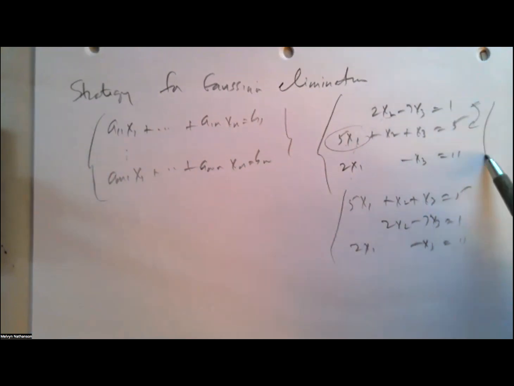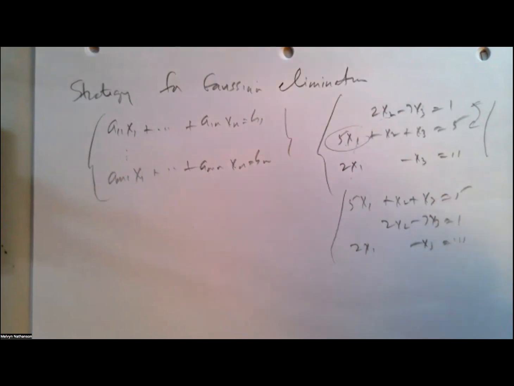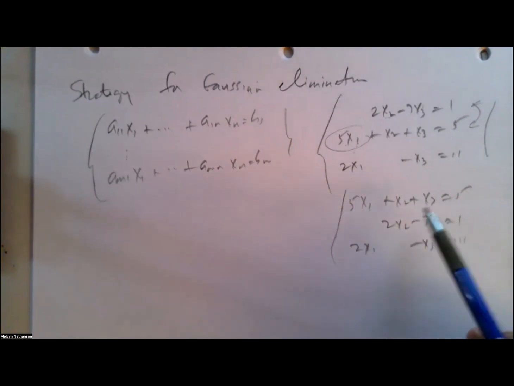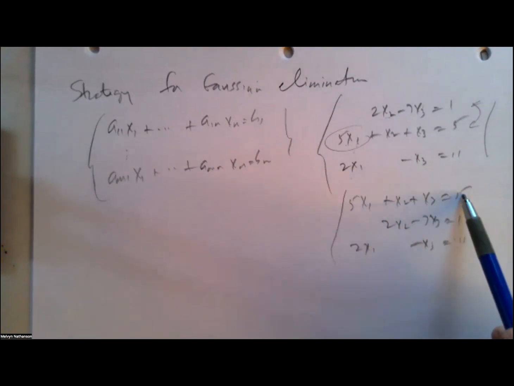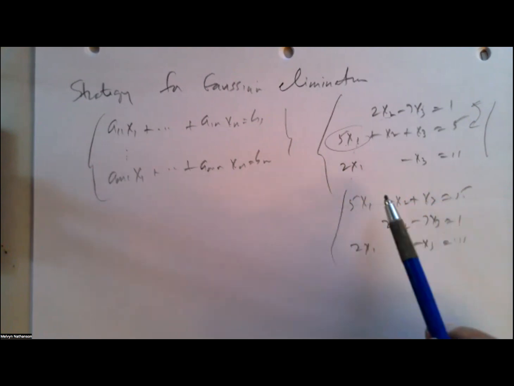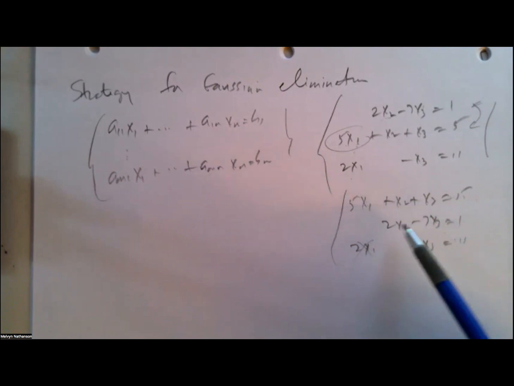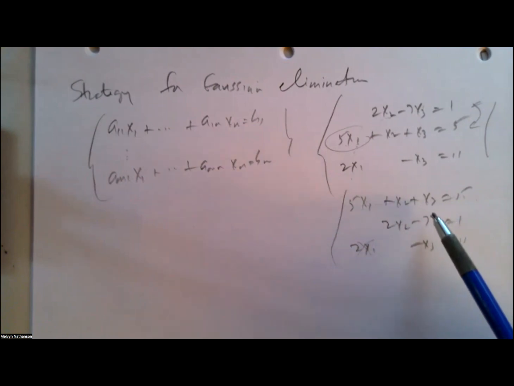So all I did to get from this system to this system is interchange equations 1 and 2. And I like doing that because I want to eliminate x1 from all the equations except the first. I could just divide this equation by 5, subtract the multiple of this from the third row, and I eliminate x1. And then I only have to consider the remaining variables.